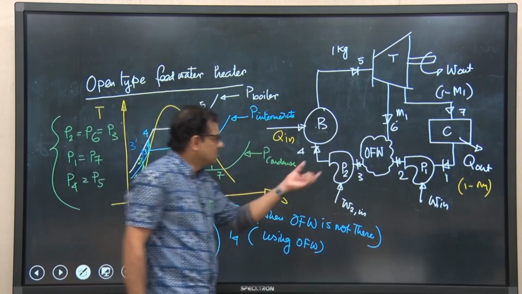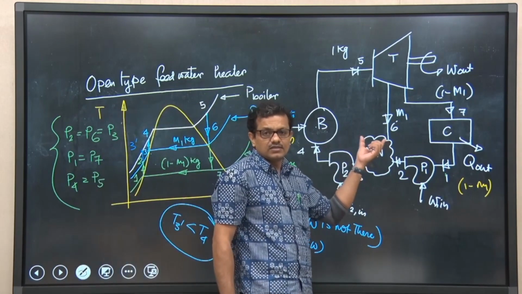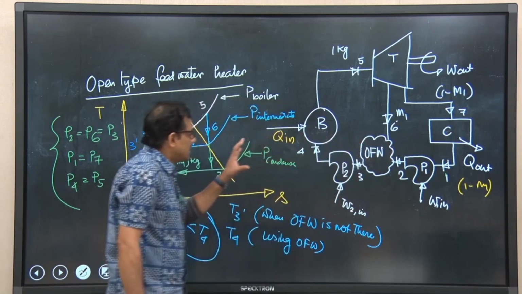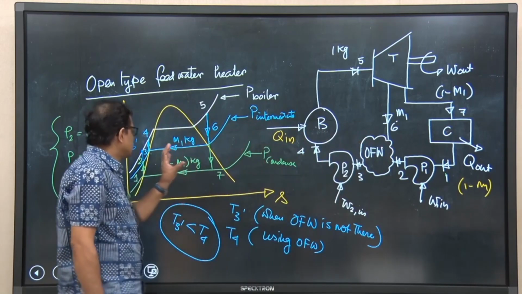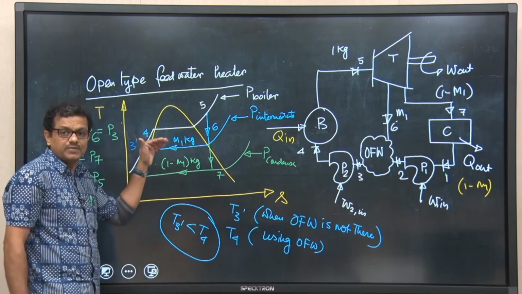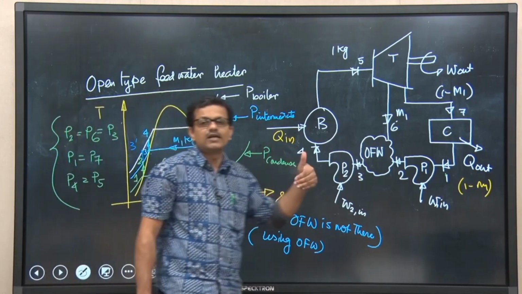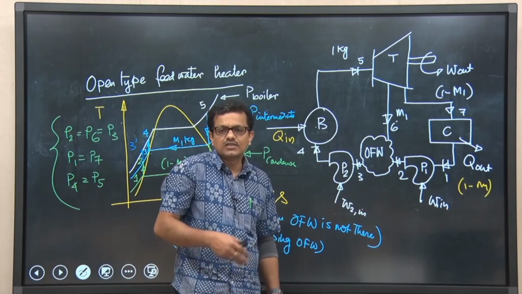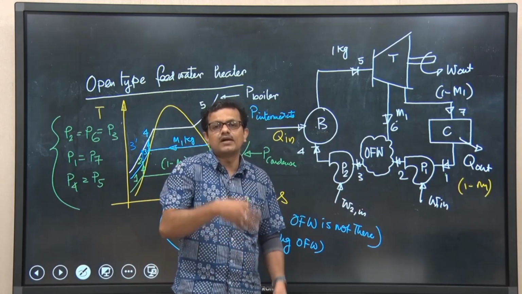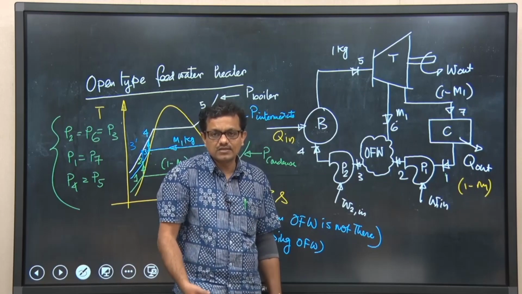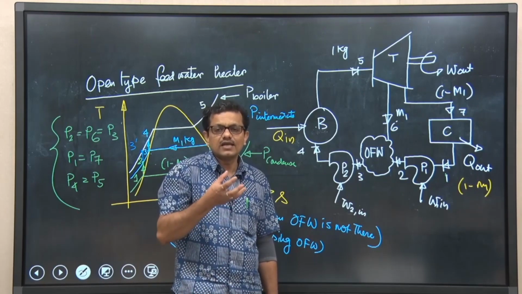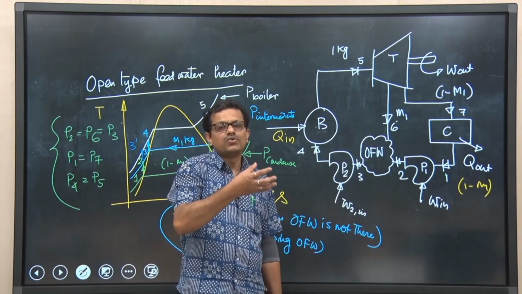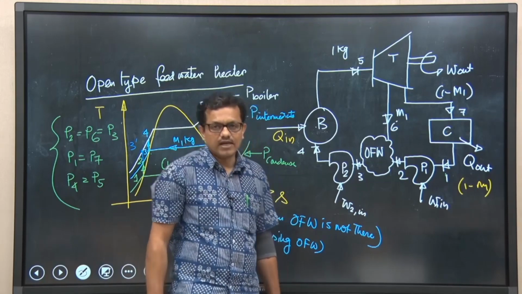This arrangement helps us increase the temperature of the feed water supplied to the boiler, and this additional heat is not supplied by burning coal or fuel. Instead, that heat is taken from the steam flowing through the turbine.